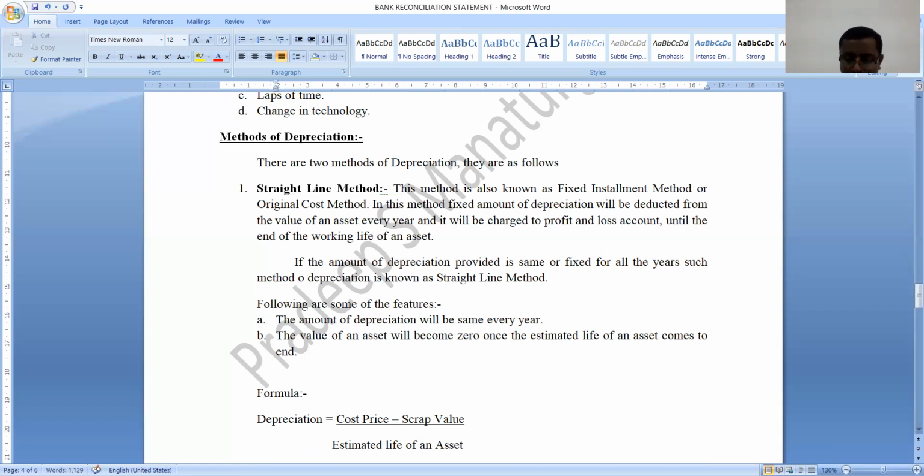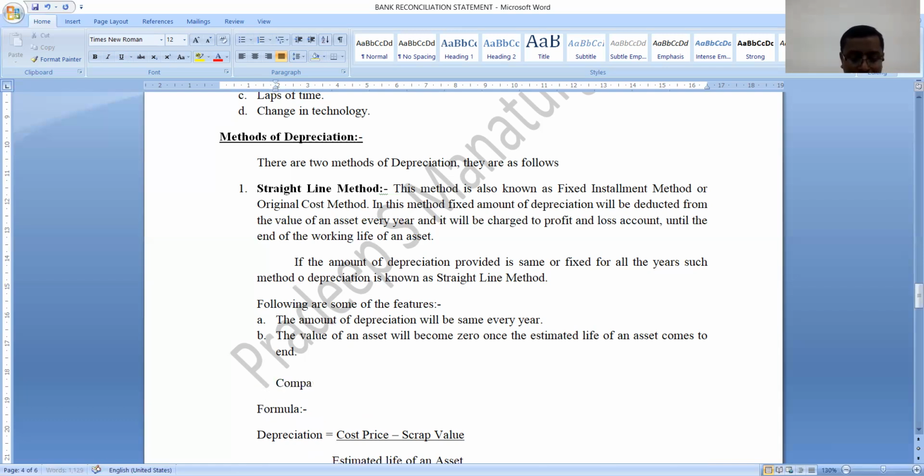For example, a company purchased an asset for rupees 1 lakh, and it is planning to charge 10% depreciation per annum.